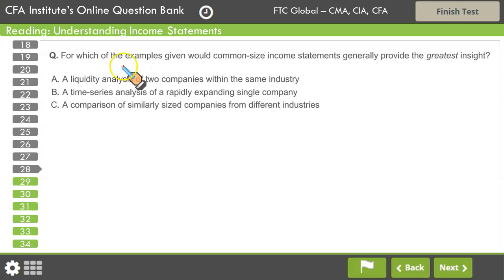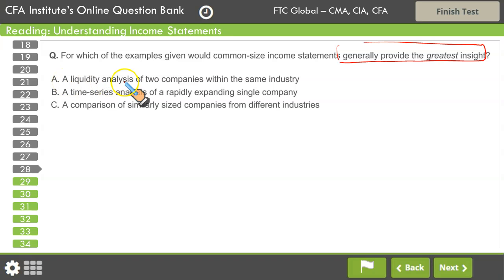For which of the examples given would common size income statement generally provide the greatest insight? Which of these examples would a common size income statement give you the greatest meaningfulness? Okay, let's see.